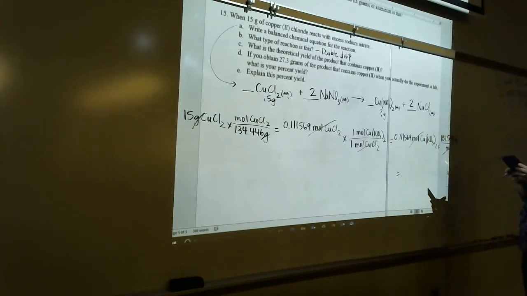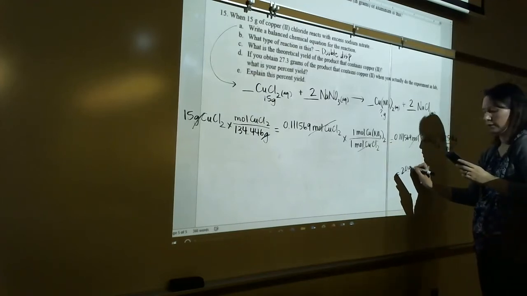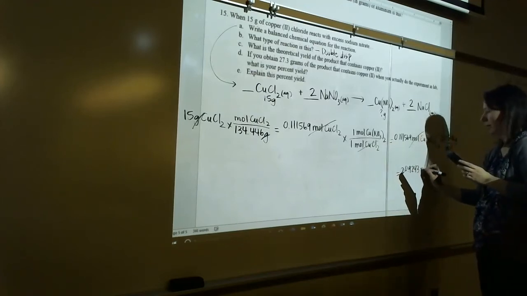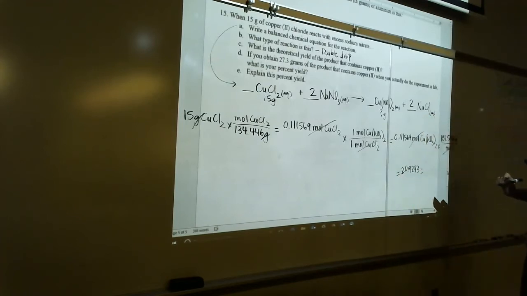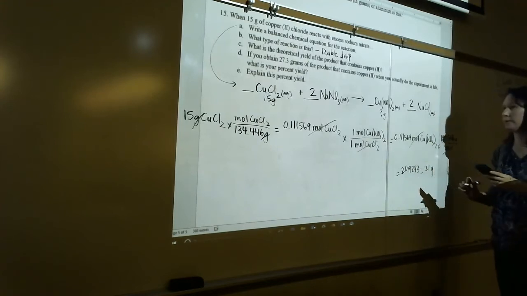So times 0.111569, 20.9243, keeping 2 sig figs, right? So it'll be 21 grams.